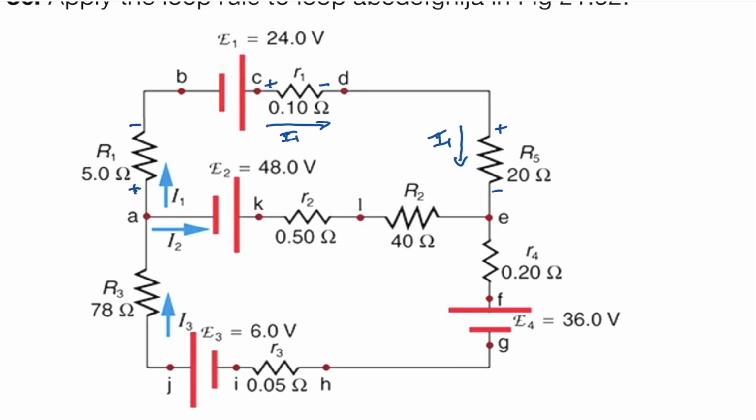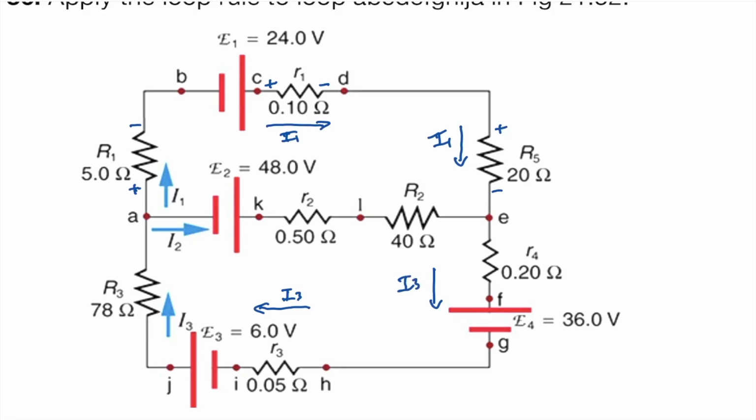So it's still going, I3 is going to be going clockwise in the bottom half. And so we will have I3 going like this, and so I3 will go like this.